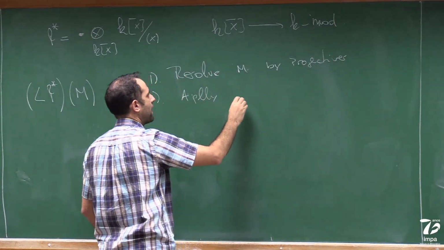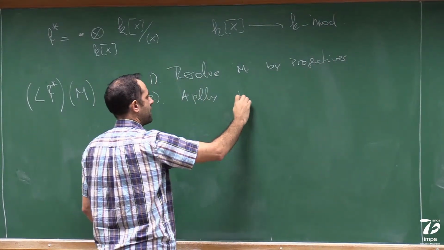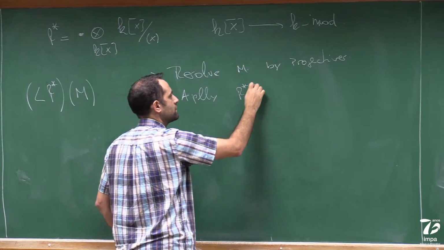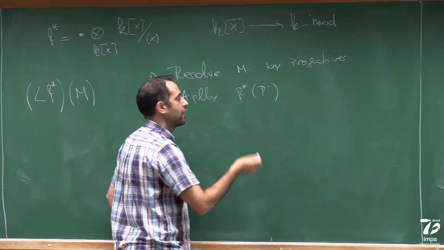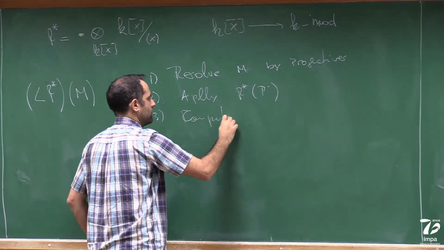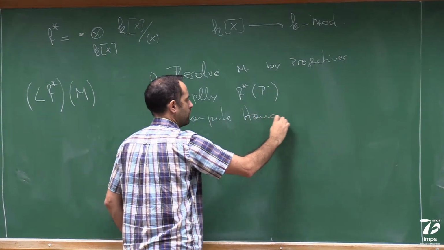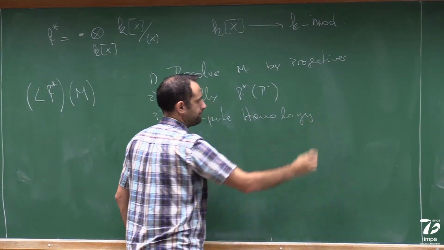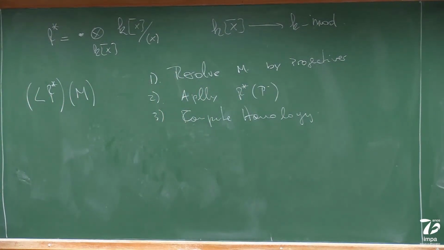And second, apply this pullback functor to all this. And then third, compute homology. So that was what we needed to do.